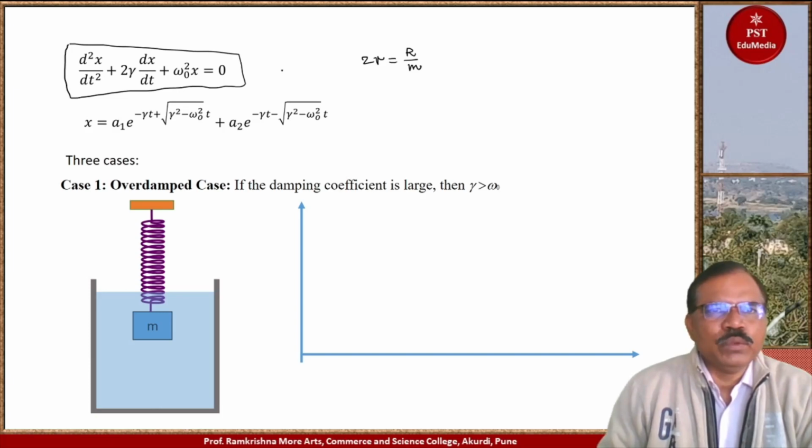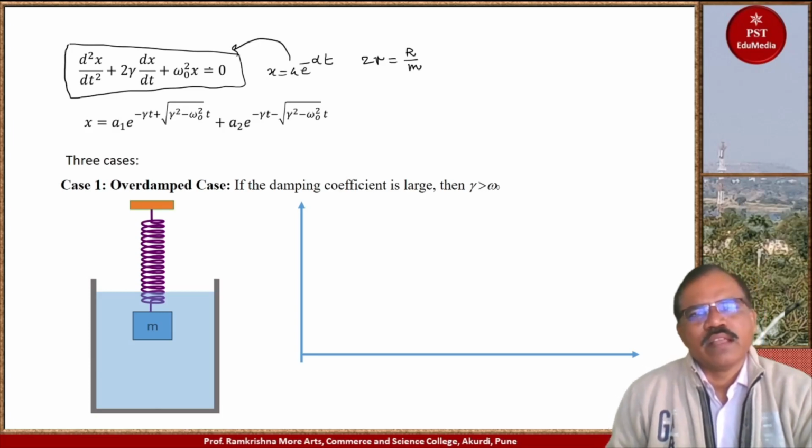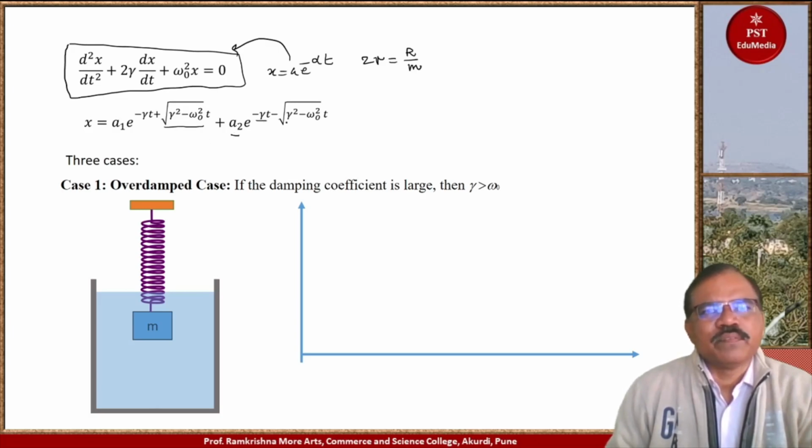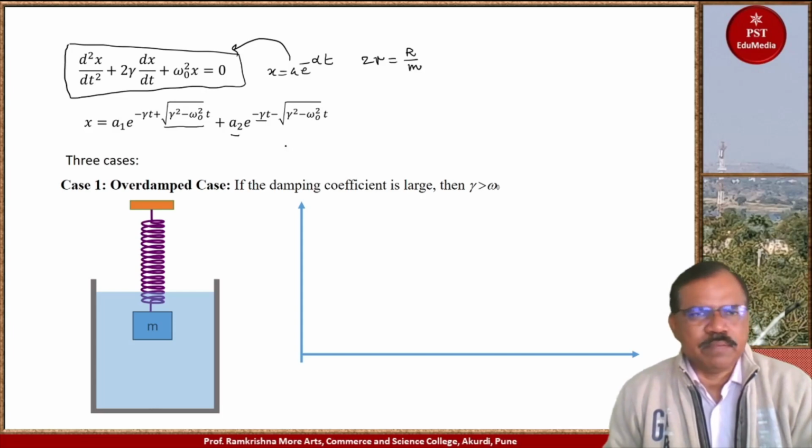If we use x is equal to a e raised to minus alpha t in this and solve, we will get the solution like this: x is equal to a1 e raised to minus gamma t plus square root of gamma square minus omega 0 square multiplied by t, plus a2 e raised to minus gamma t minus square root of gamma square minus omega 0 square multiplied by t.